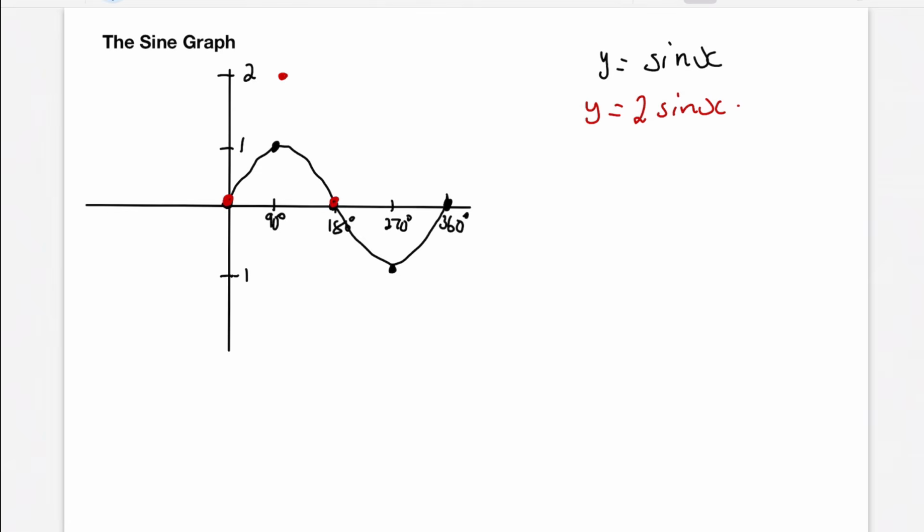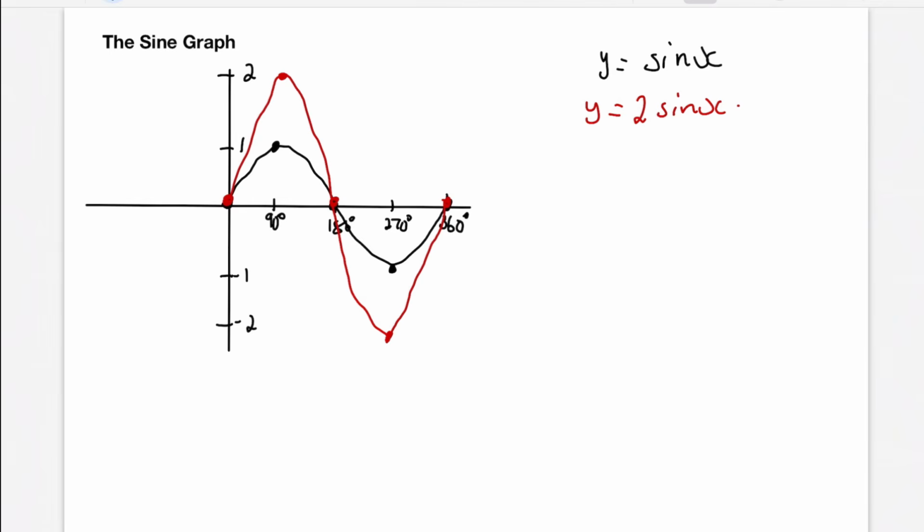But then it will go down to its lowest point, which is now at -2. Not -1, but still on that 270 degree x value. Then it'll complete itself at 360 once again. So this red graph, y is equal to 2 sine x, looks something like this. It's almost exactly the same as the black graph, it's just been stretched vertically.